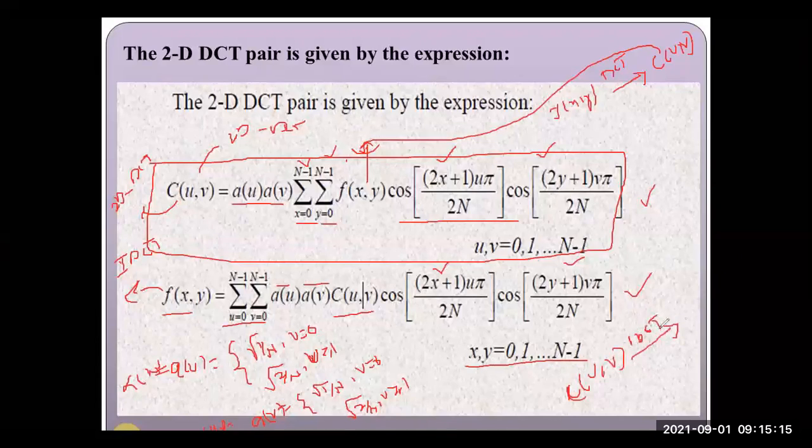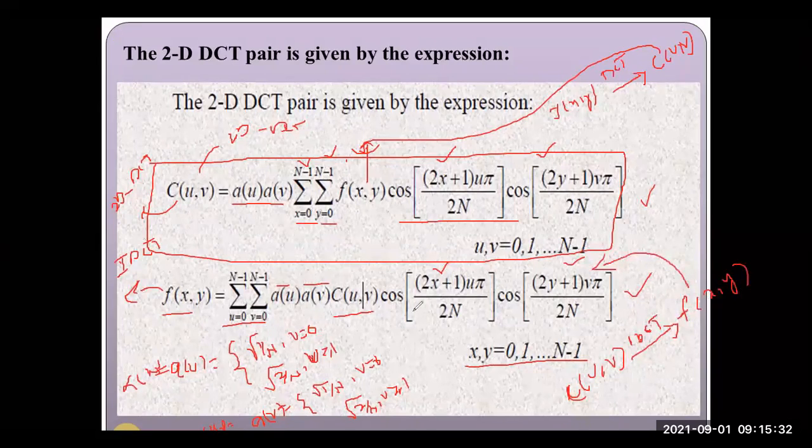So we will get the actual image in the spatial domain. The formula for this is this one, so I have to apply this formula.